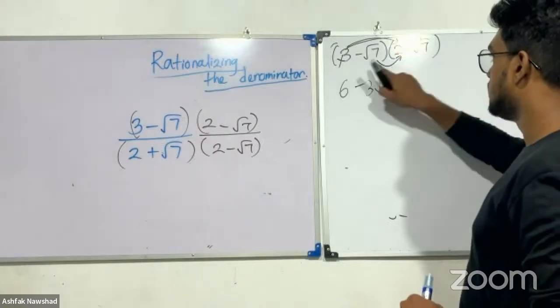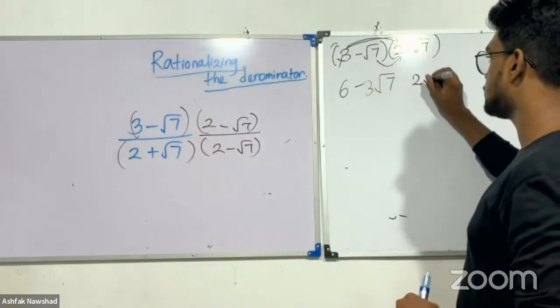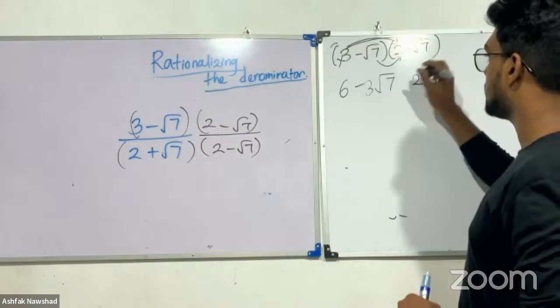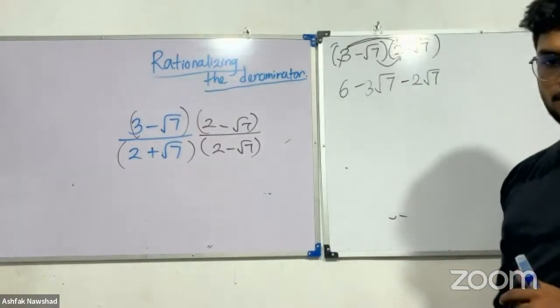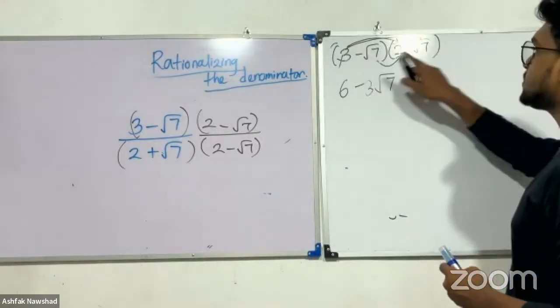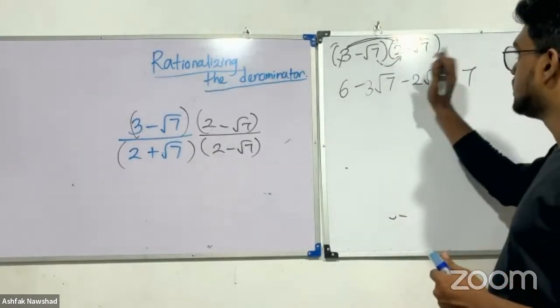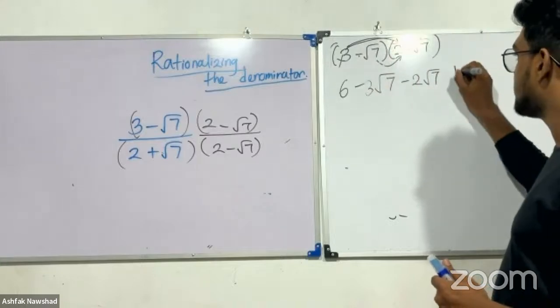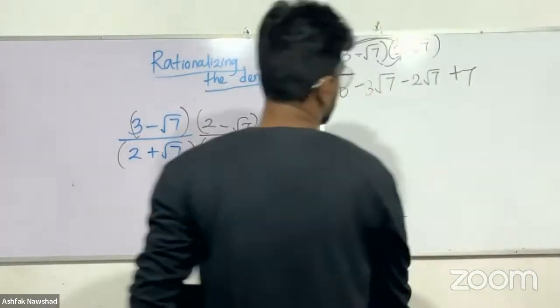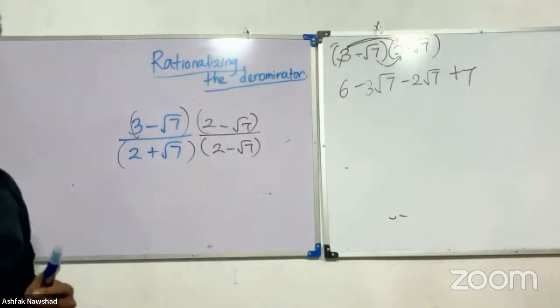Now the job of root 7. Root 7 times 2 is 2 root 7. Same thing, minus into plus, so it gives us minus. Root 7 times root 7, we know the root gets removed. But minus into minus is plus.